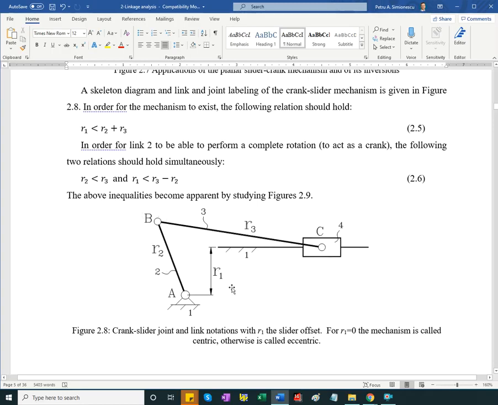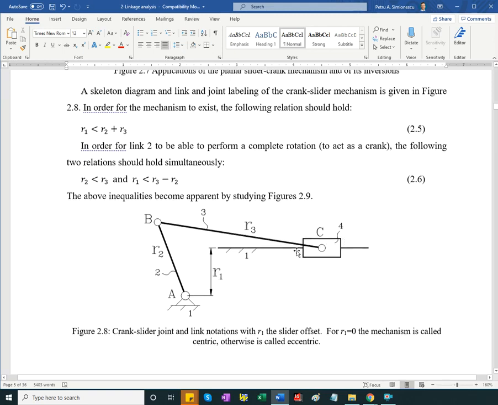R1 is the eccentricity. Many applications of the compressor or engine type have R1 very small or 0. Actually, engines have it slightly. It's not 0, it's a small amount, and in the direction of rotation of the crank to limit the side force between the cylinder and the piston.